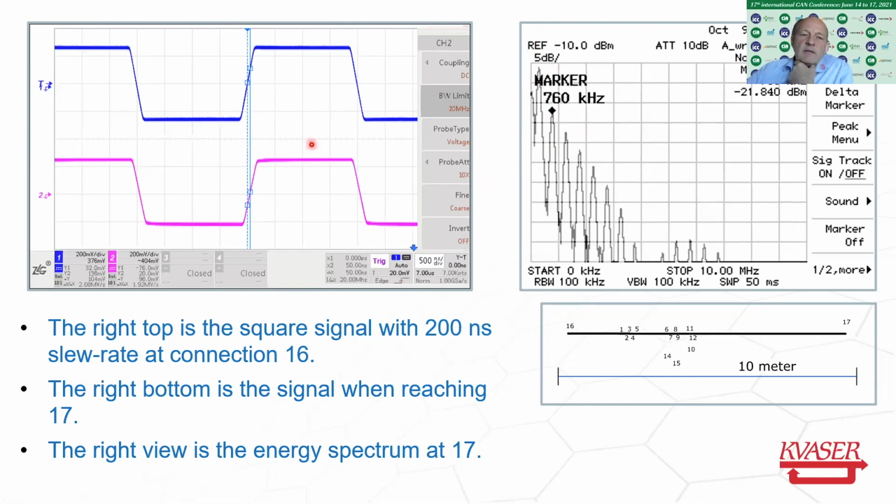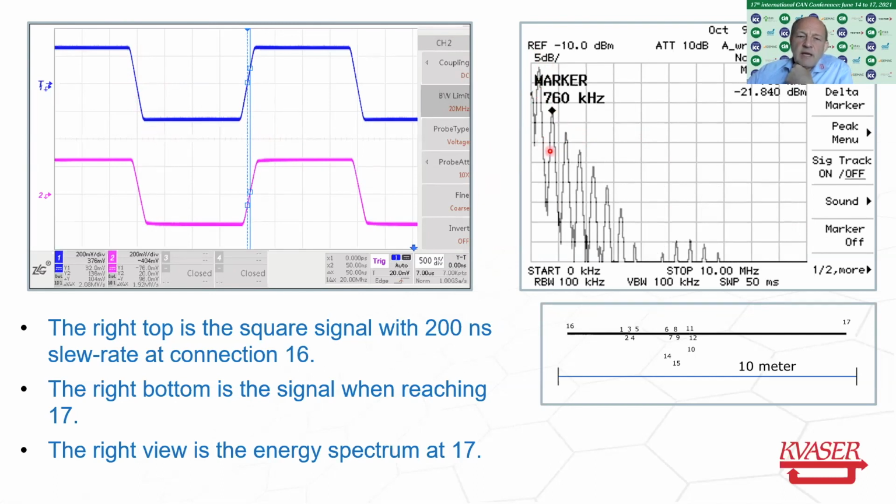So the easiest way here to get a nice, good looking signal is to reduce the slew rate. In this case, I reduced the slew rate from 5 nanoseconds for the switching to 200 nanoseconds.